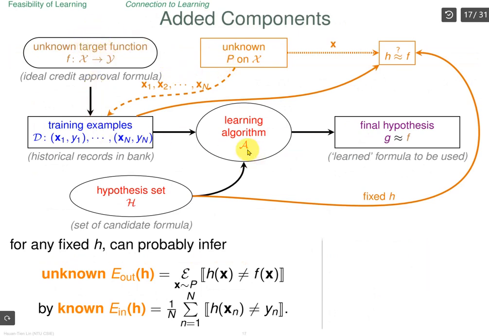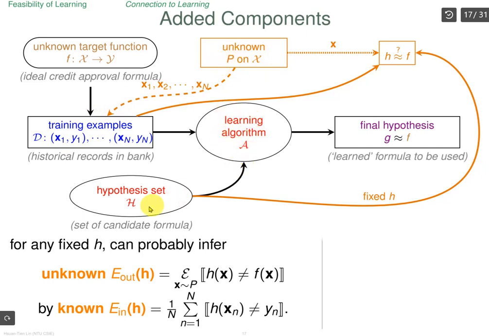Here we have new components. So first, let's take a look at this. We assume that our data is generated by some unknown probability distribution according to the independently identically distributed assumption, IID. So all of our examples, our data points, are generated by some unknown distribution.